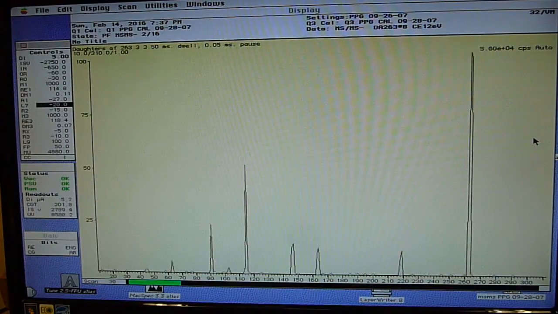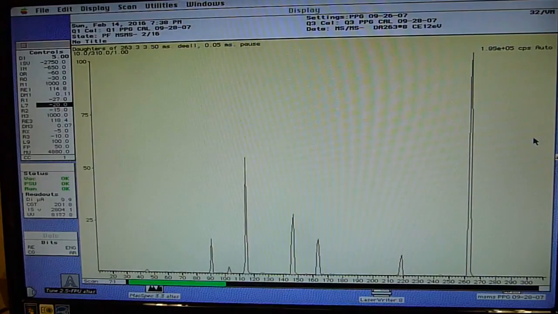And you can see that we have some 263 and something like a 147, 164, 115, 2 something. I bet it's a 219. I've got this as loss of 44.